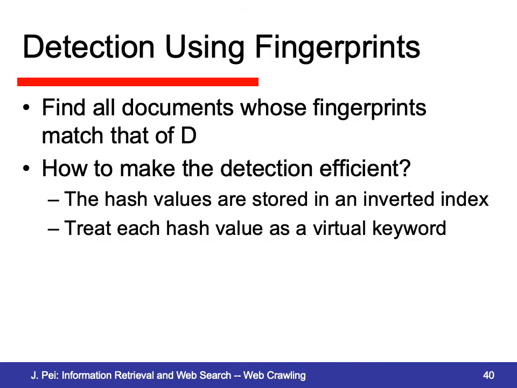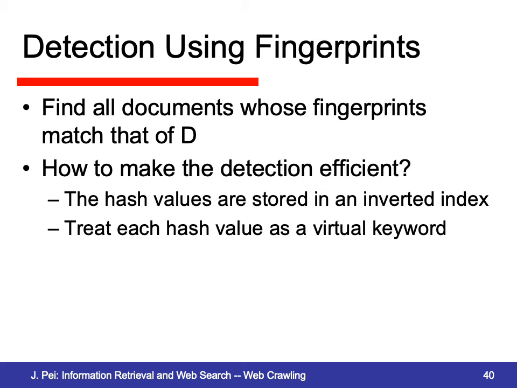Then, to detect near duplicates using fingerprints, we can find all documents whose fingerprints match that of D. How to make the detection efficient? The idea here is that we can store the hash values in an inverted index.